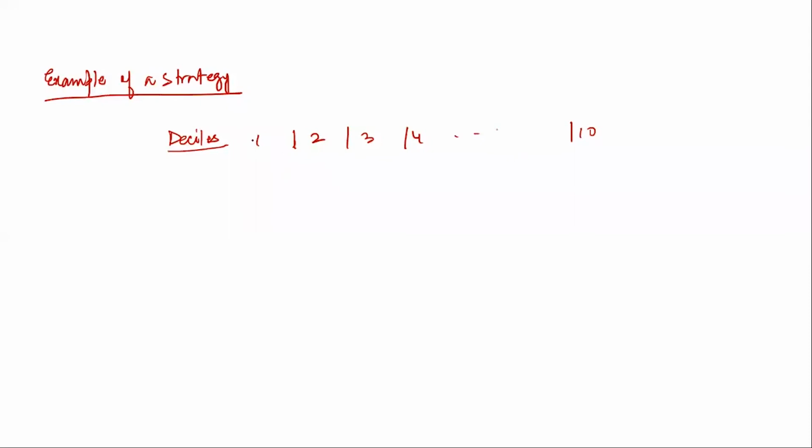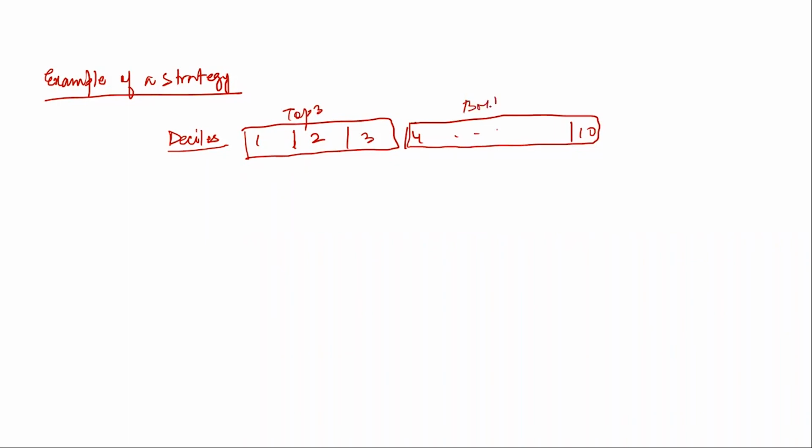You decide that I want to go after these guys, the top 3, and these are my bottom 7, so I don't want to. Now at this stage, don't decide. You can just categorize them as top 3, bottom 7, and then we decide a value parameter.